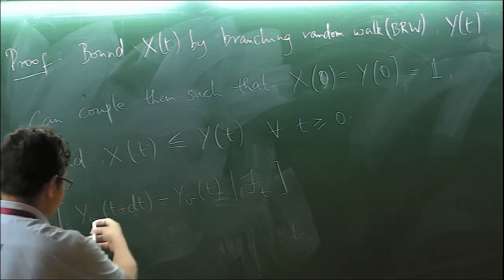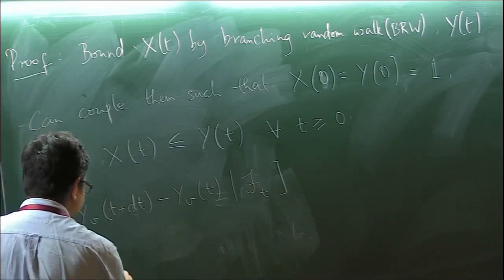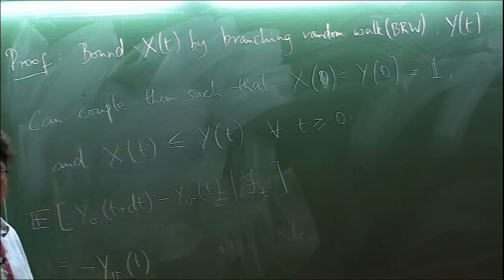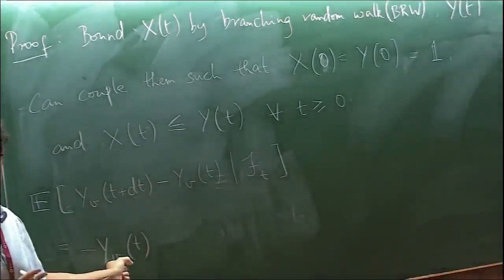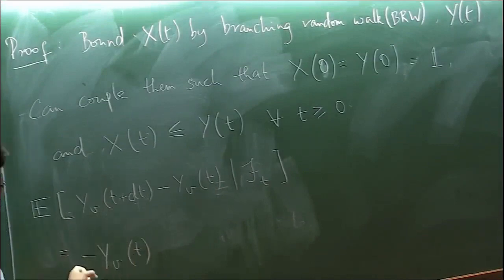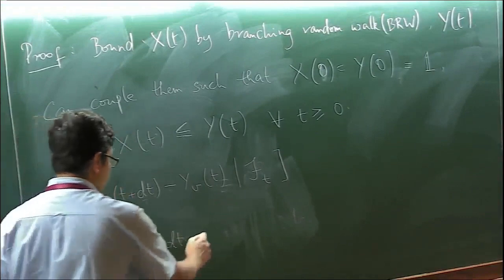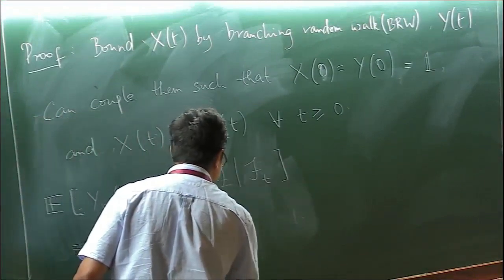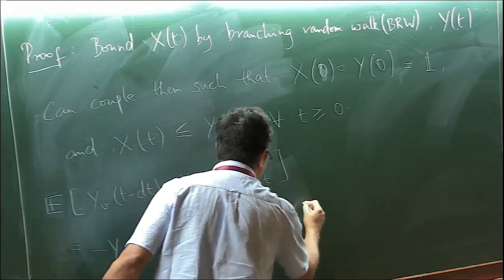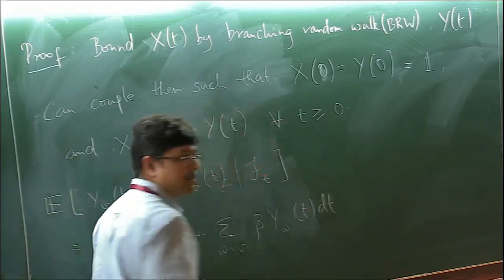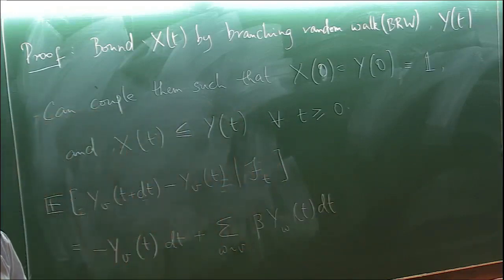Okay, so this expected change: each of the infections at site v disappears at rate 1 independently. So you have minus y_v(t) dt here, plus the sum over all its neighbors of beta y_w(t) dt. Okay, because each infection from a neighboring site could give rise to an infection here at rate beta.